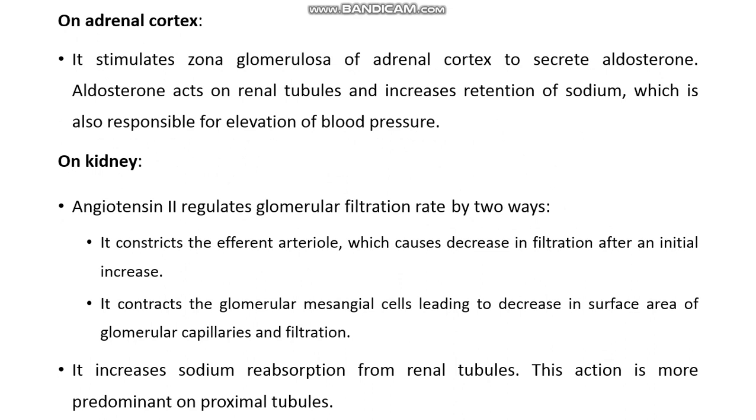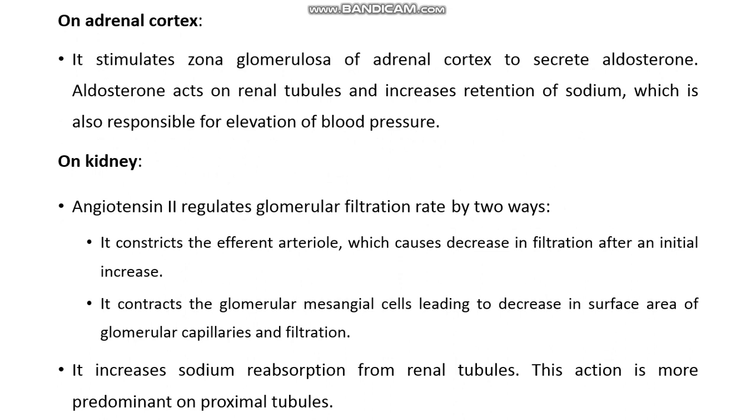The aldosterone acts on renal tubules and increases retention of sodium, which is also responsible for elevation of blood pressure. As a result of sodium retention, water reabsorption increases, so that increases the blood pressure.